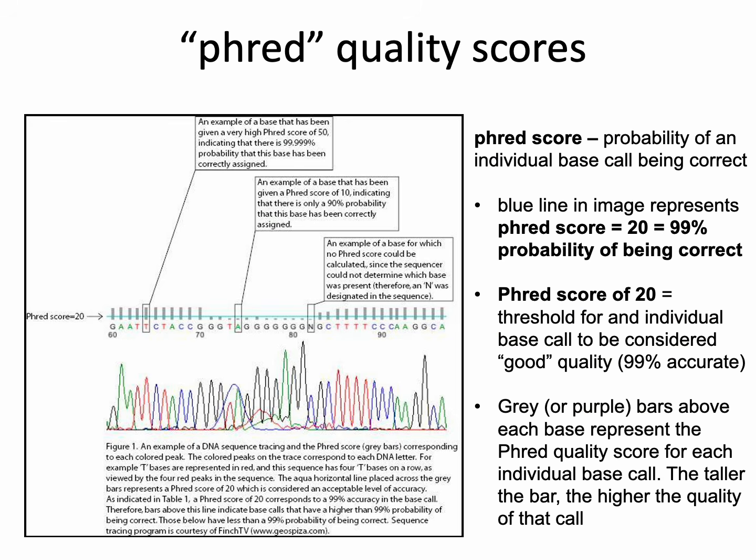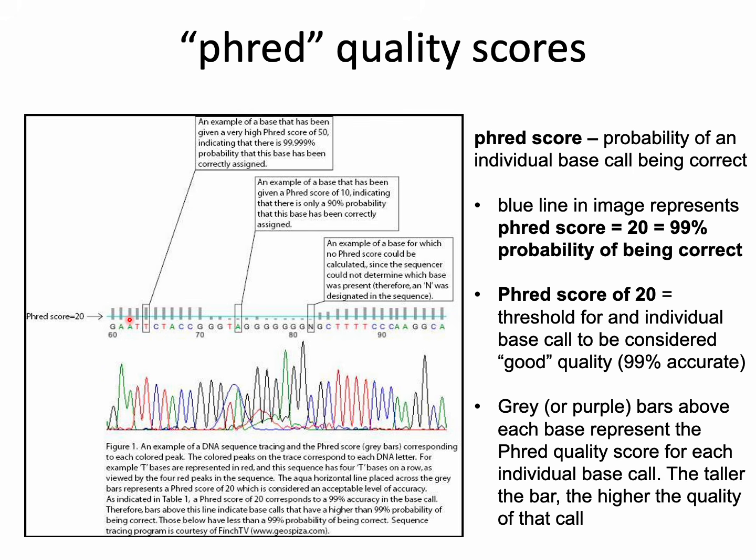A quick review of Phred scores, or Phred quality scores. Recall that these are the probability of an individual base call in a DNA sequence being correct. The Phred scores are indicated here by these lines and bars. Now the blue line represents a Phred score of 20. And if an individual bar exceeds that Phred score of 20, it means that that individual base call has a probability of greater than 99% of being correct.